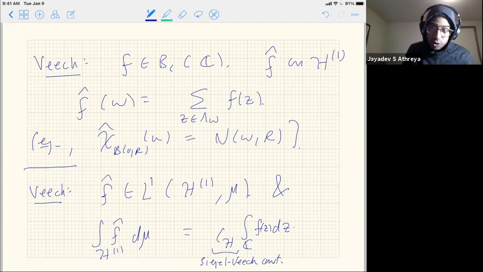But again, SL2R acts transitively on C minus 0, which is R2 minus 0. And so this has to be some constant times the integral of f dz over C, really C minus 0, plus some delta measure at 0, but you can kind of, yes, you can't see my screen, can you?